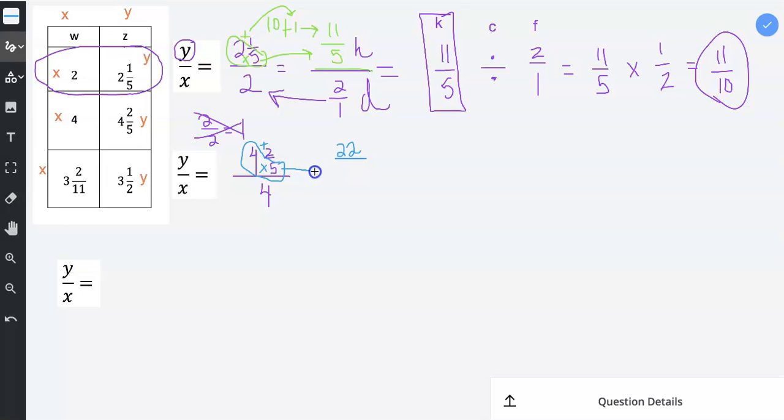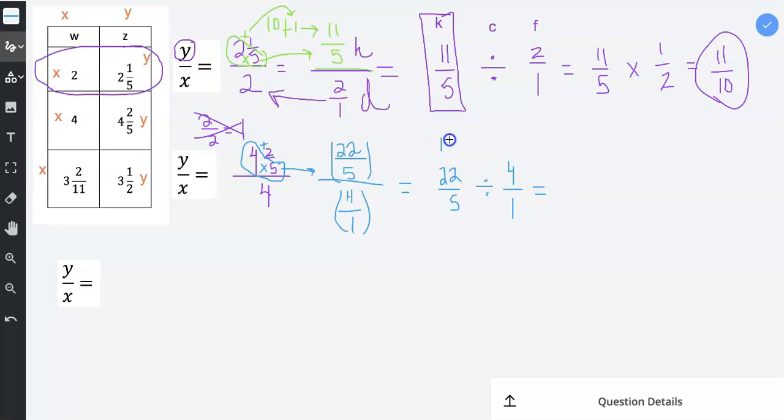The denominator stays the same, it stays a 5. Then in the denominator of this whole complex fraction, I have a 4. To change an integer to a fraction, remember you put it over 1. So 4 becomes 4 over 1. Then write the numerator first, 22/5, divided by the denominator, 4 over 1.